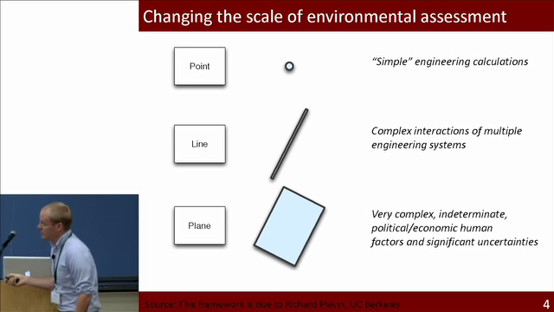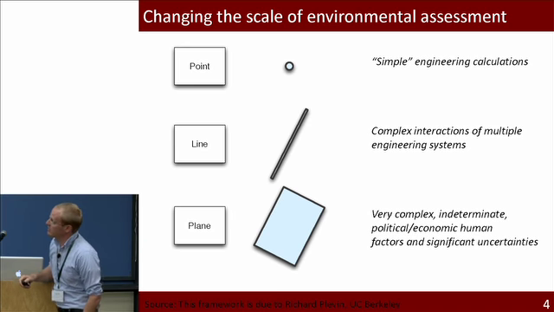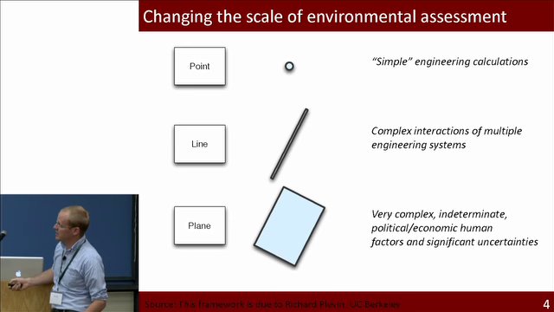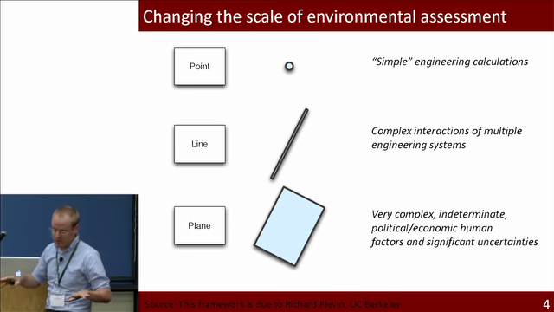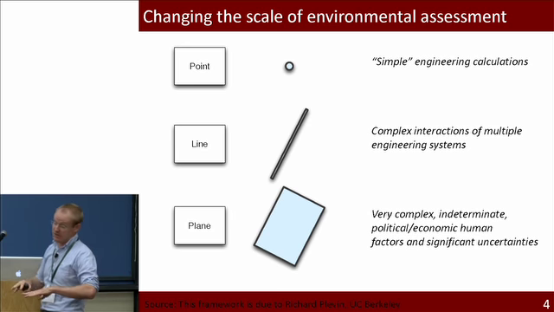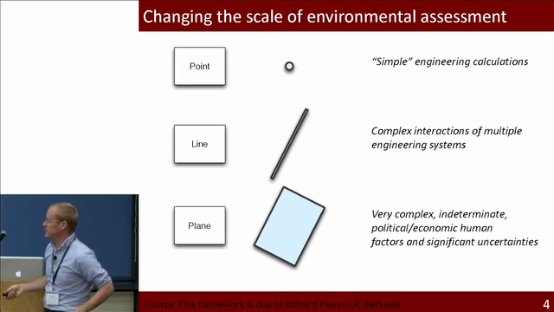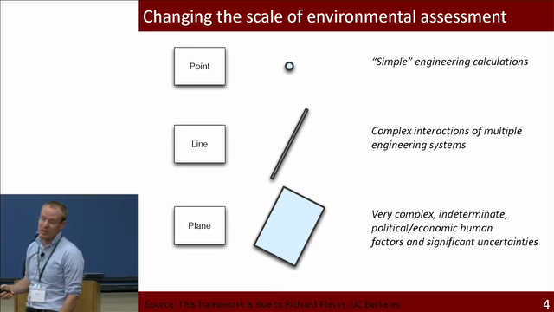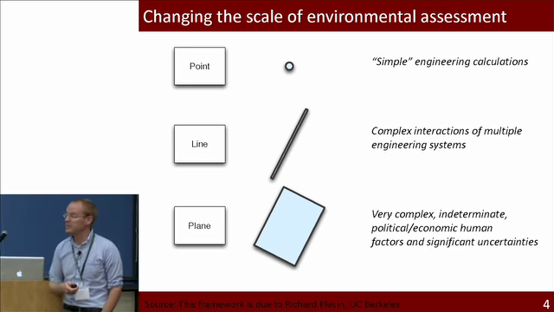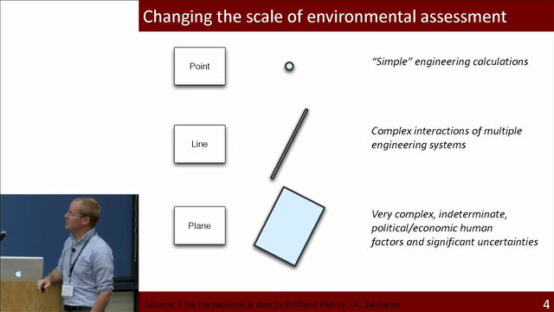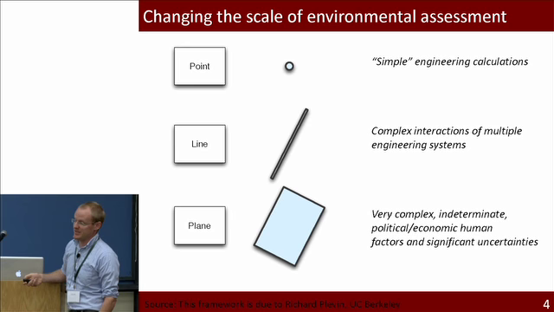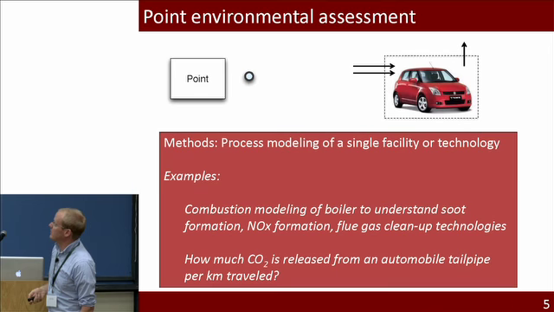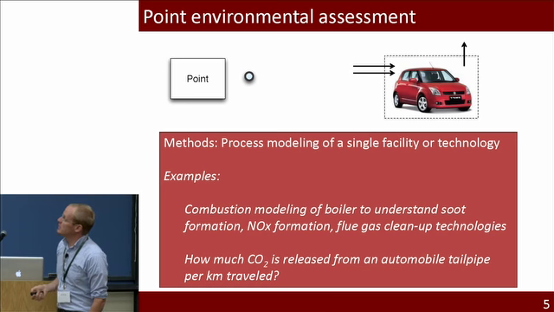And then what people are doing now is moving beyond this line metaphor to what he calls the plane, where you have multiple complex indeterminate interactions that can be political or economic in nature that mediate this otherwise straightforward process. And I'll give an example of each of these and how these affect your ability to compute the emissions from a fuel. And I think the example will be clear.